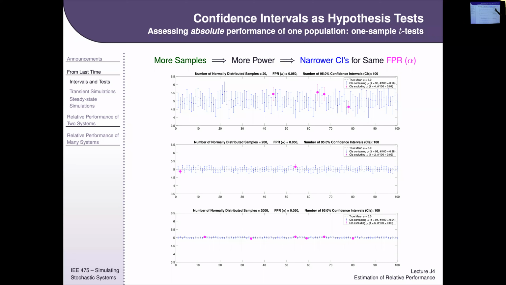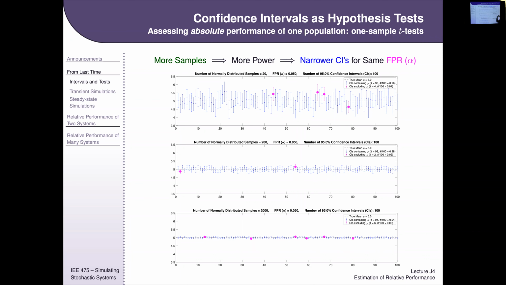The difference between the top, middle, and bottom is that at the top, I have 20 samples in my experiment. So each experiment summarized by a confidence interval is only 20 samples. In the middle, it's 200 samples. In the bottom, it is 2,000 samples. Across all of these, as I run more samples in an experiment, the confidence intervals get narrower.